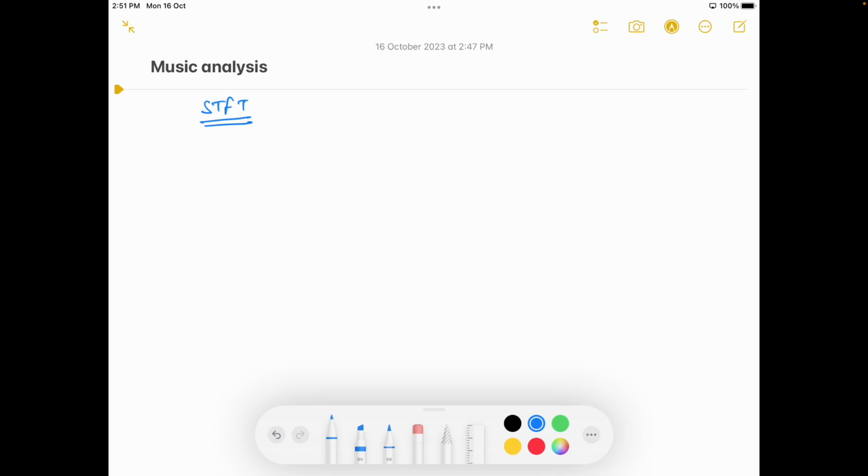For all 12 notes it's equal. The increase is equally spaced. This is a geometric progression, 2 raised to 1 by 12.